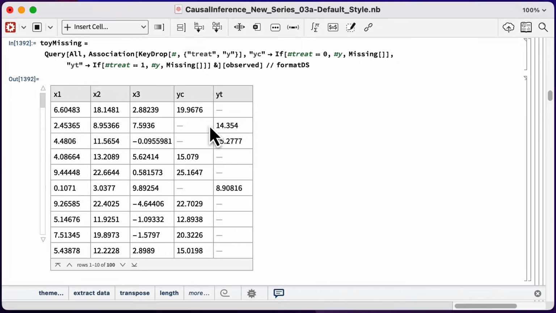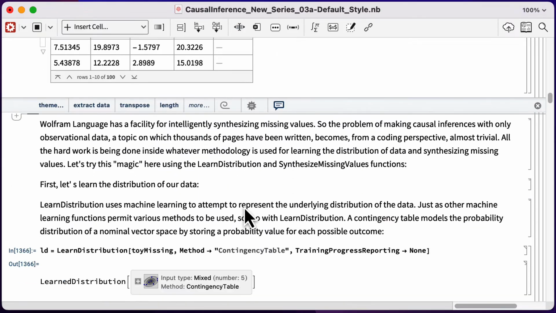We know what happened when they did get treatment, but we don't know what happened if they hadn't gotten treatment. And so all of these items are missing. But computer science has a lot to say about how to impute missing data. And maybe if those methods are good, we can fill in the values for yc here and the values for yt here, and then look at the means, if this method actually works.